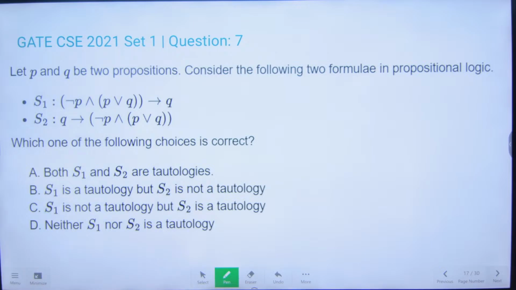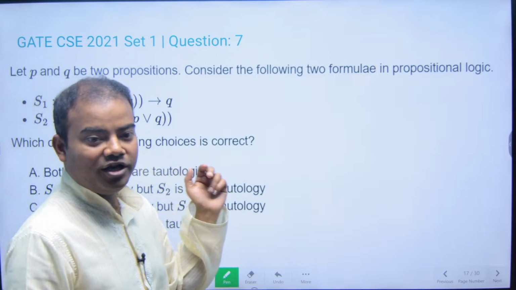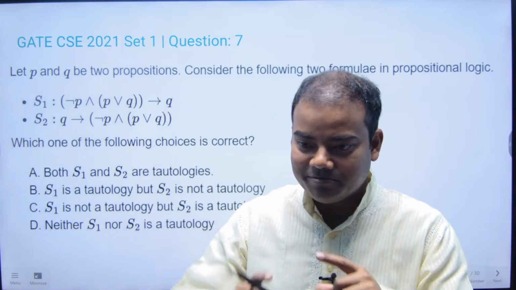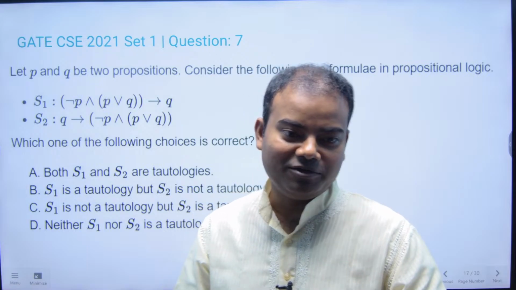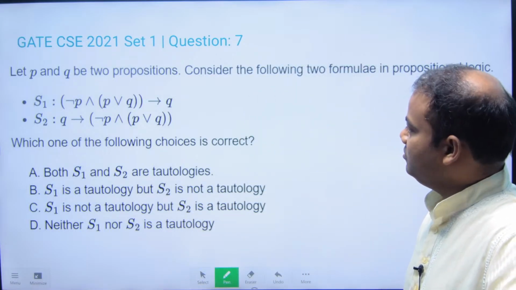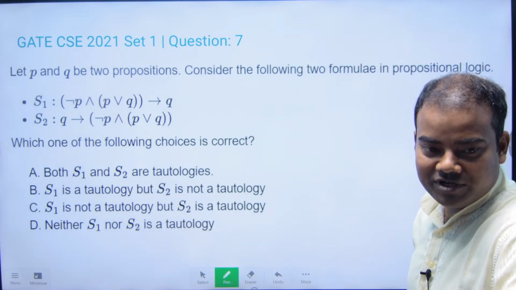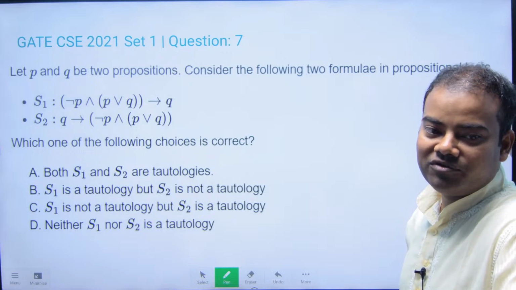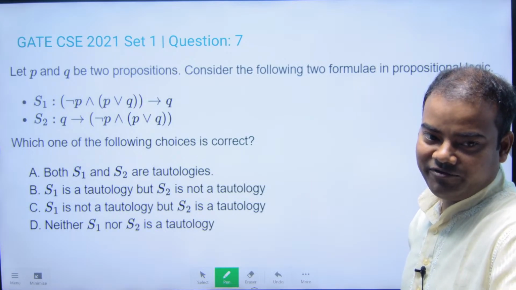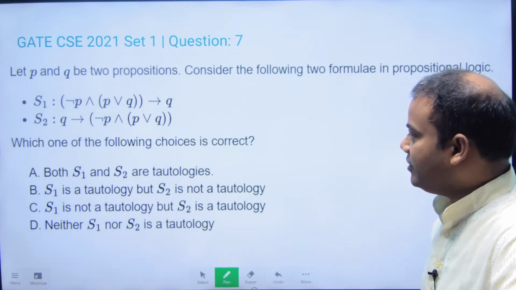Now this question is easy. Why? Because there are only two propositions. When there are only two variables, you can make a truth table using only 4 rows. So you can make the truth table of the first, and also of the second. Then you can verify. So make it fast.